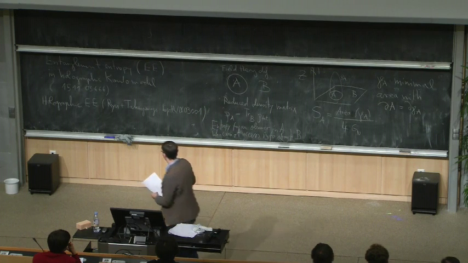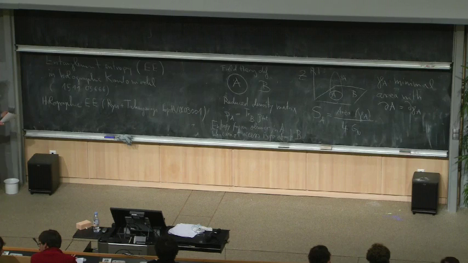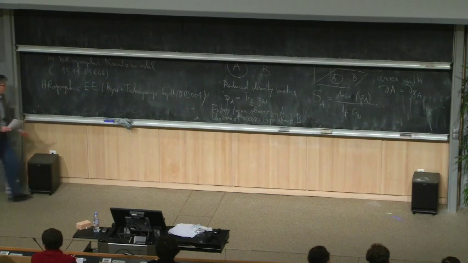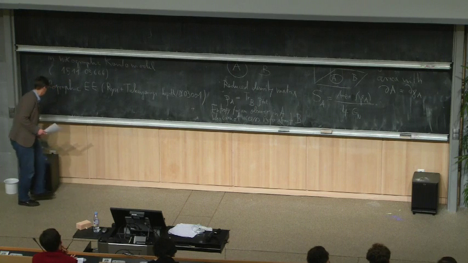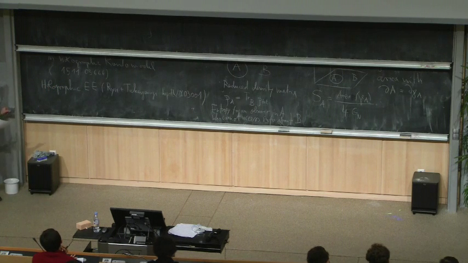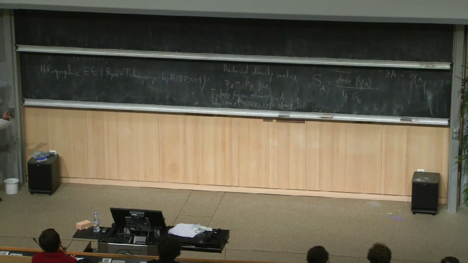This is a general result, but it can be applied to various examples, and the example for us, of course, will be the BTZ black hole, because that's what we're going to need to look at our impurity.